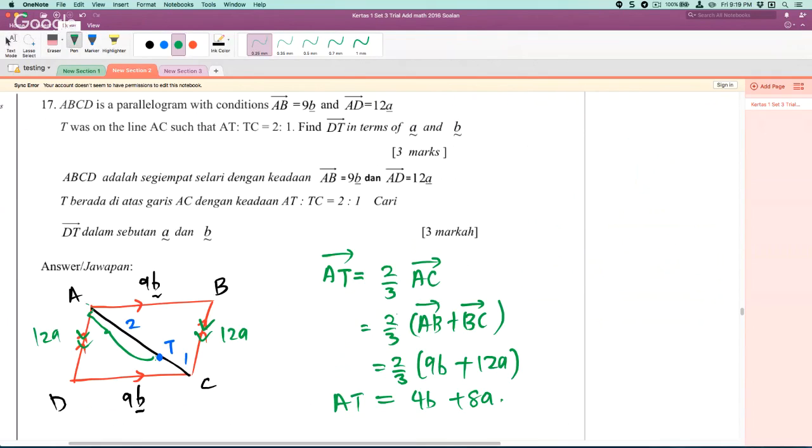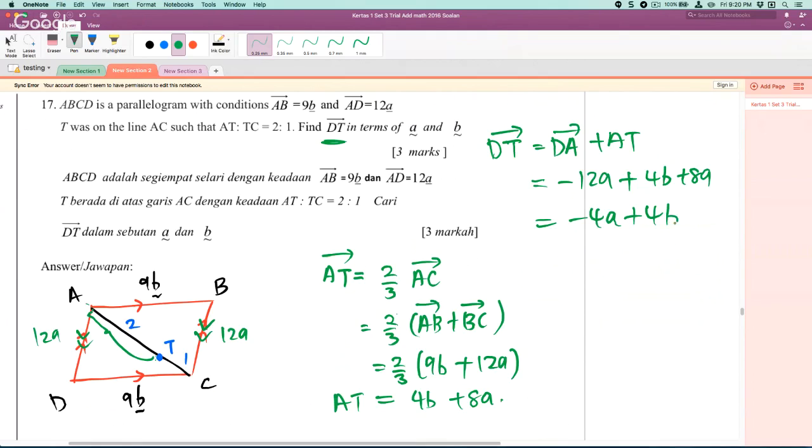Now the question asks us to find DT. Since I have AT already, DT is DA plus AT. DA, its opposite direction, is negative 12a, plus AT, which is 4b plus 8a. So negative 12a plus 8a is negative 4a, plus 4b. Just like this, it should be very easy for this kind of question.